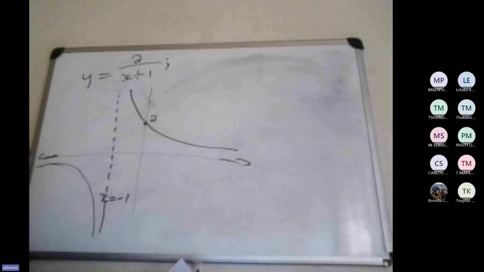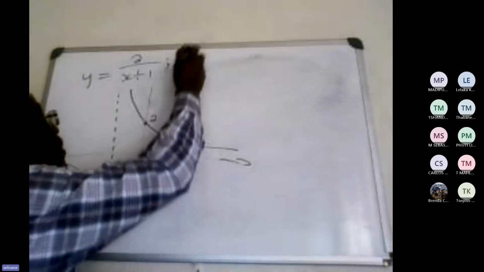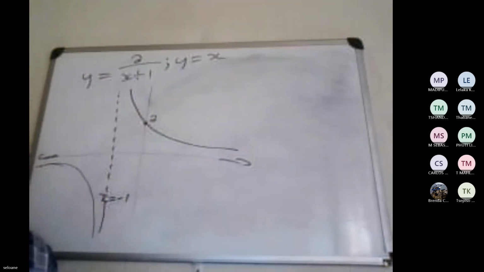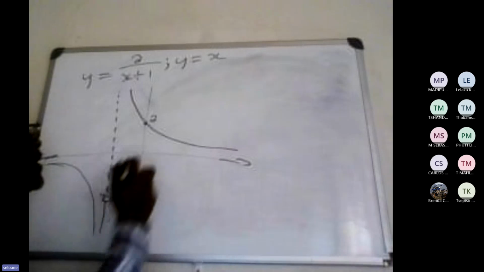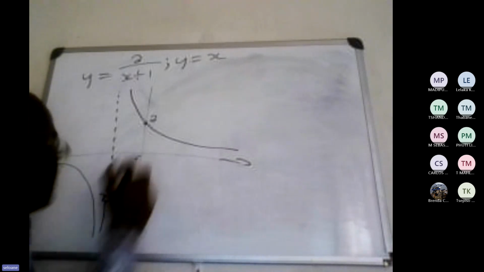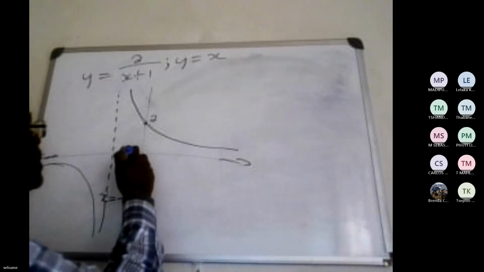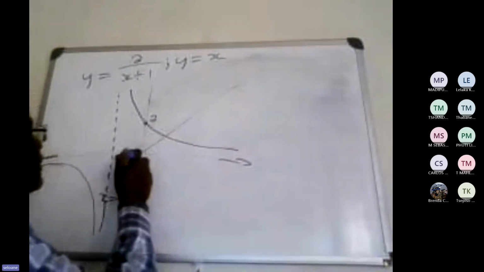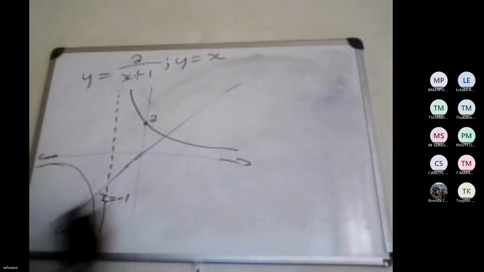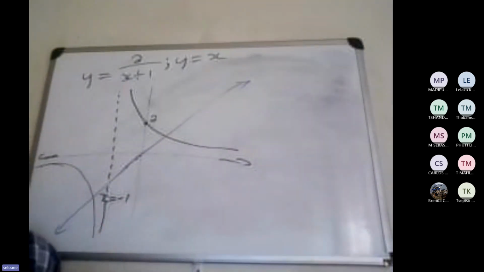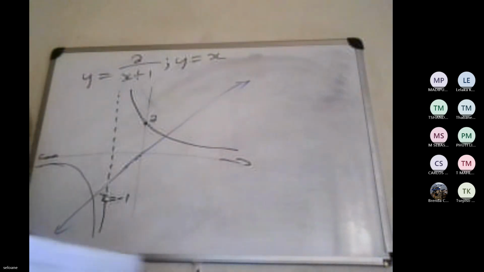Now, what is another curve? Another boundary is y equal to x. Then you sketch it. Where is the line y equal to x? This is the line y equal to x. Let me use another color. It will simply be this line. It's one of the boundaries.